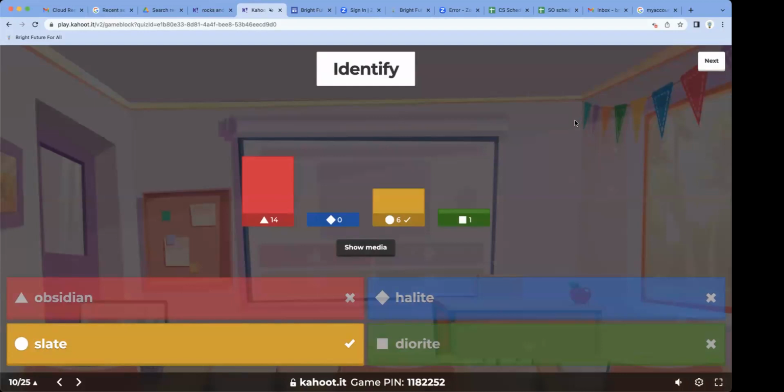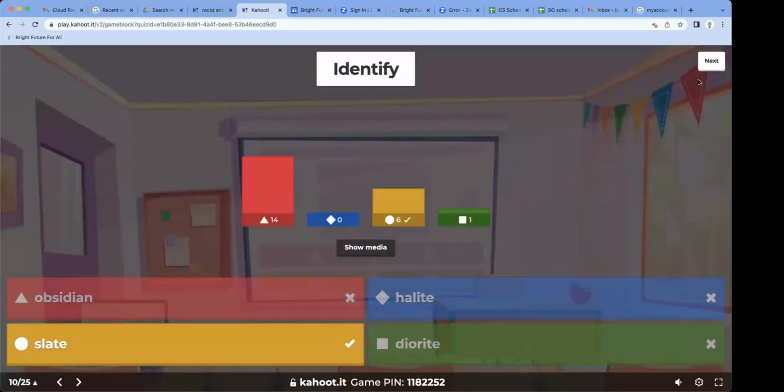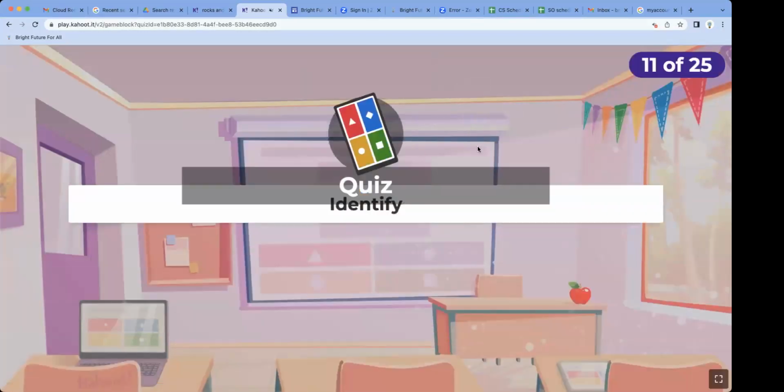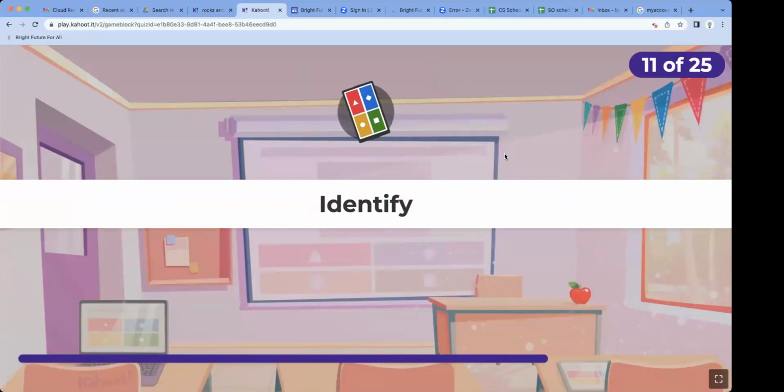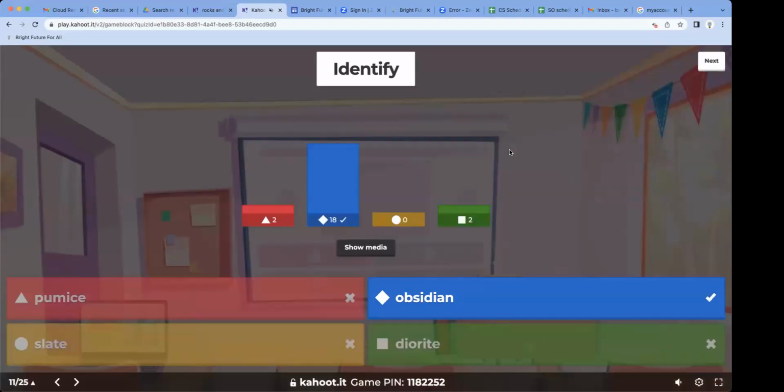I don't know if you can tell from the image, but it's not as shiny as obsidian. So yeah, yeah. So this one is obsidian because it's shiny.